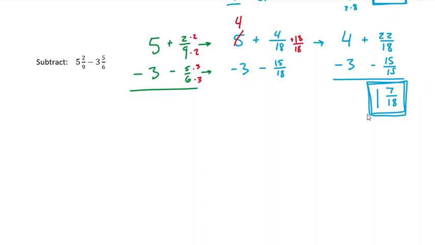Okay, so there is subtracting when the fraction part of the mixed number is smaller than the one you're subtracting with. And so that's a little bit tricky, something to watch out for.